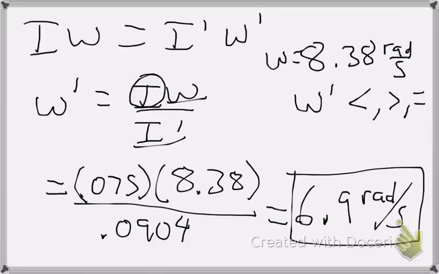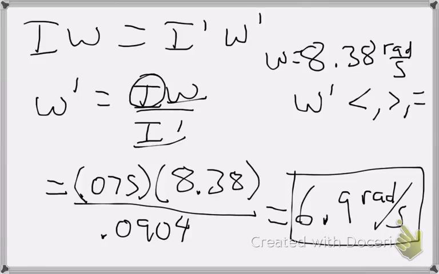Okay? If you think about this, it makes perfect sense. If you had thought of this in a linear sense, you have a truck going down the highway, and let's say this truck is just coasting. It's not pushing on the gas or anything, and then all of a sudden you dump a ton of weight in that truck. It's going to have to slow down because there's so much more weight at it.